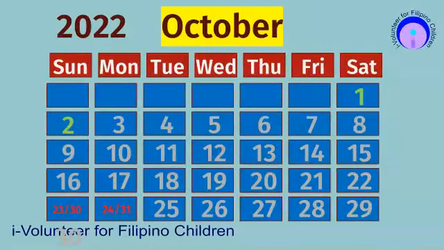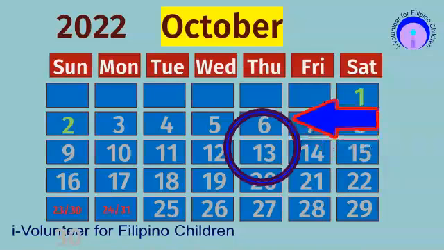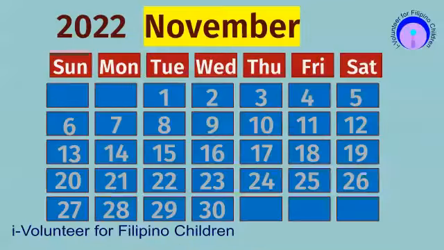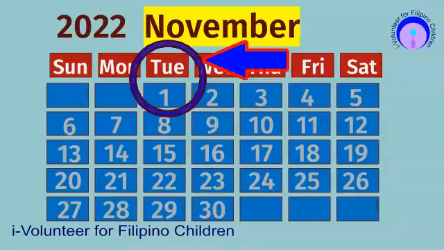What is the day of the week on the 13th of October? 13th of October falls on a Thursday. How about first day of November? What day is it? 1st of November falls on a Tuesday.